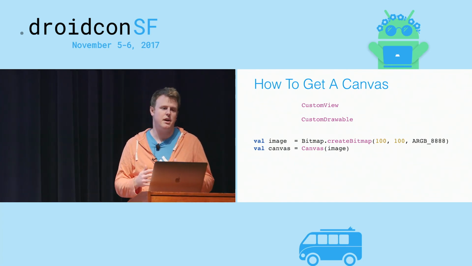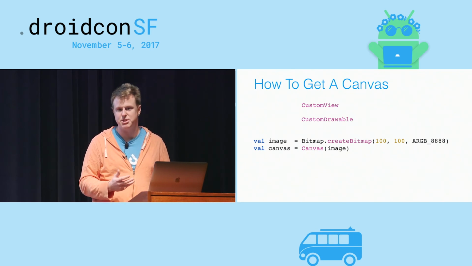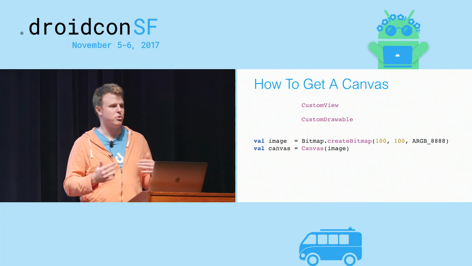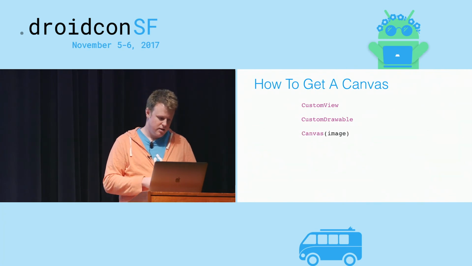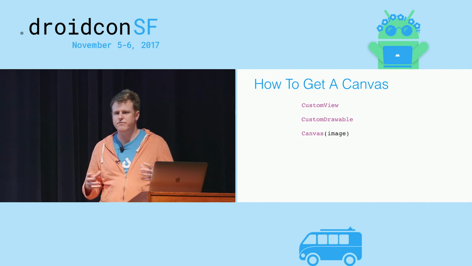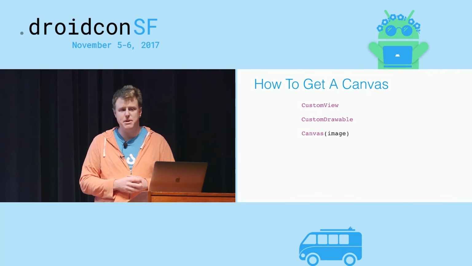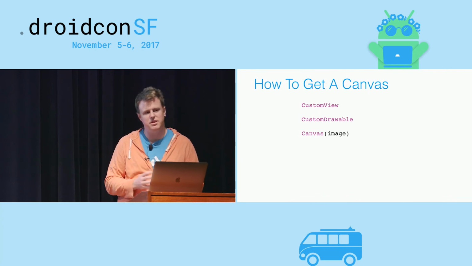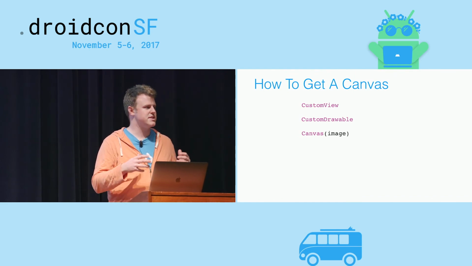Put it to a bitmap, write it to disk as a JPEG or a PNG, and now you've got this cached image that you've drawn, and you don't have to worry about redrawing it every single time. As far as everyday functionality goes, the bitmap version is the only real case where you create your own canvas. In other cases, the canvas is given to you.